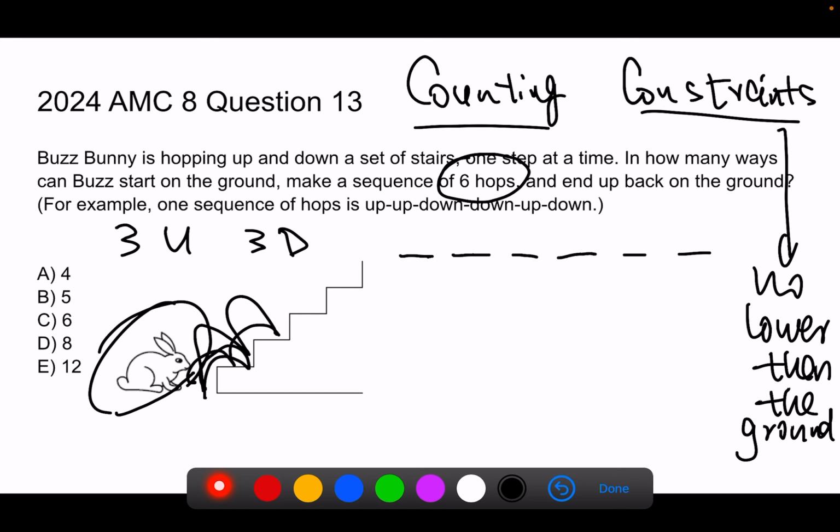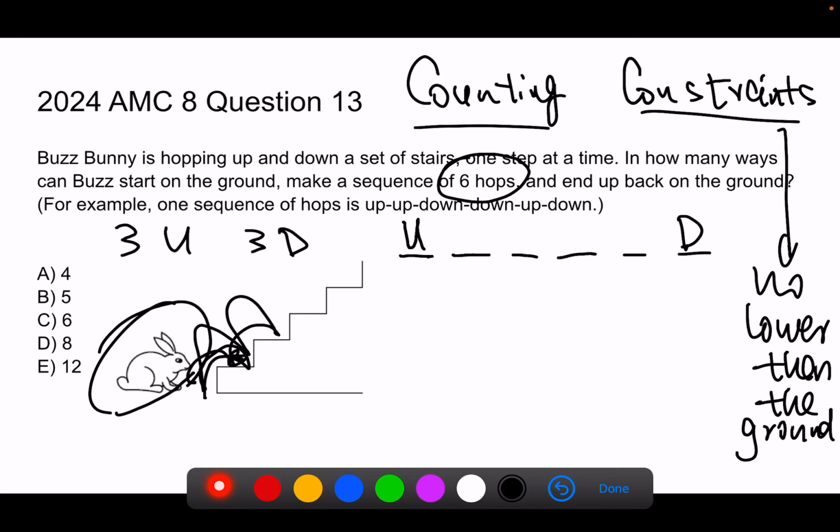So the first move has to be up. Under the same constraint, the last move has to be down. Because Buzz needs to come back to the ground, and you can only come back to the ground from floor 1.